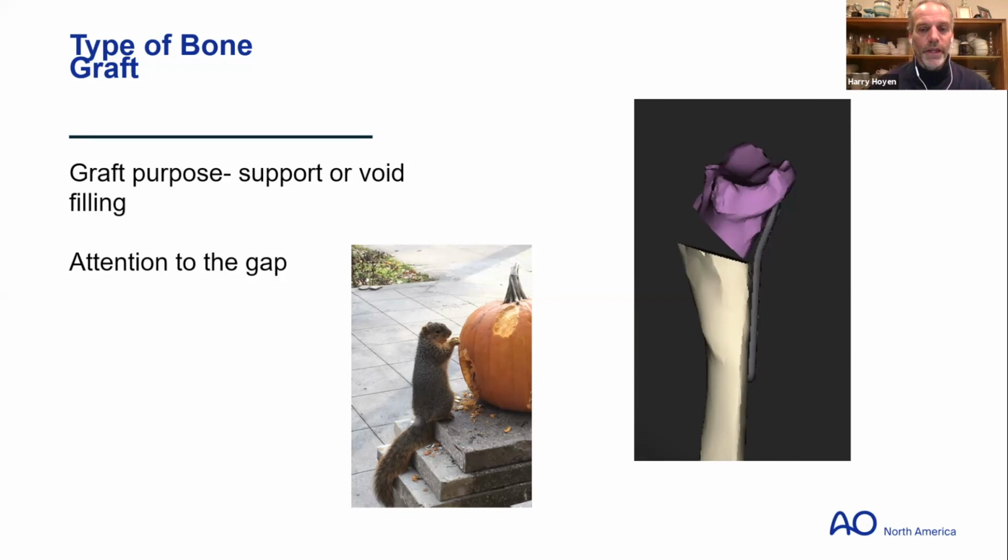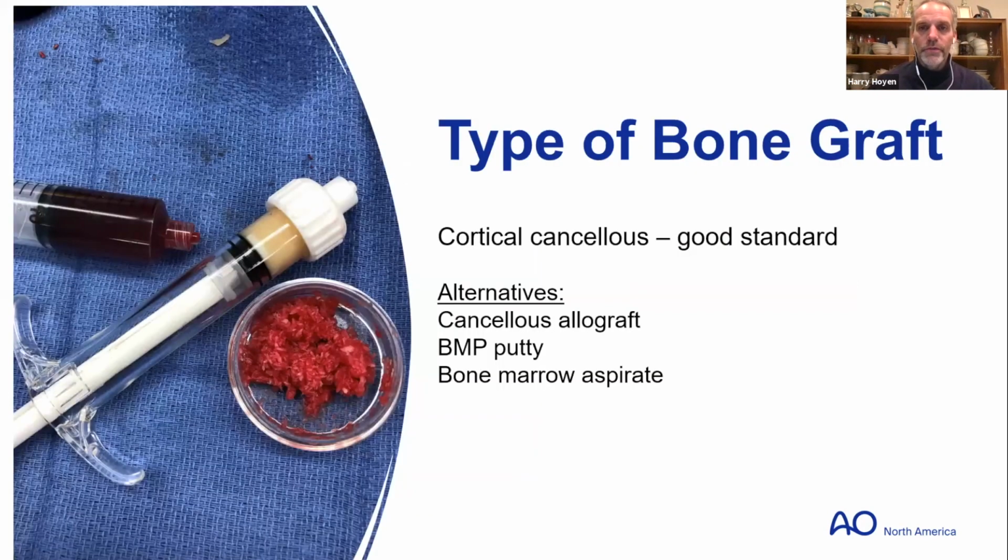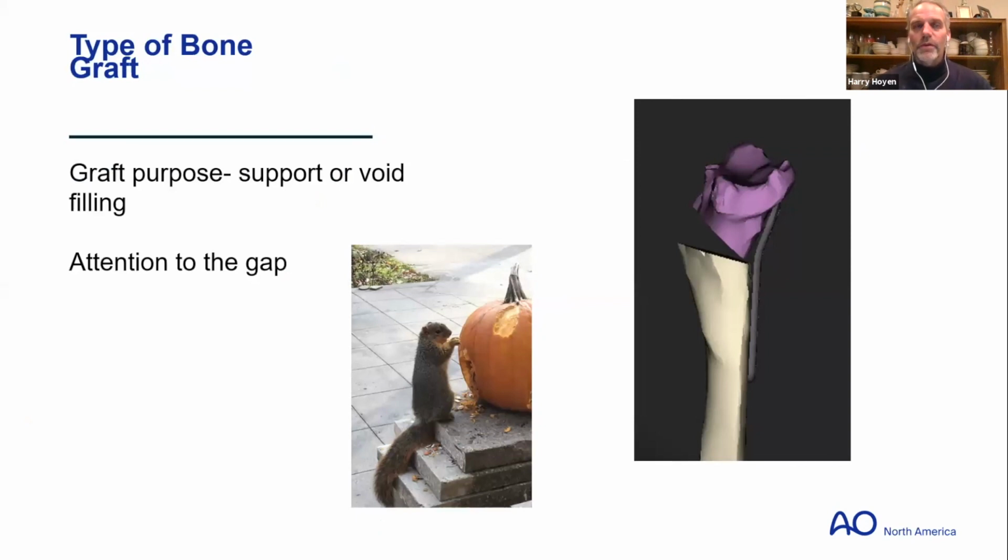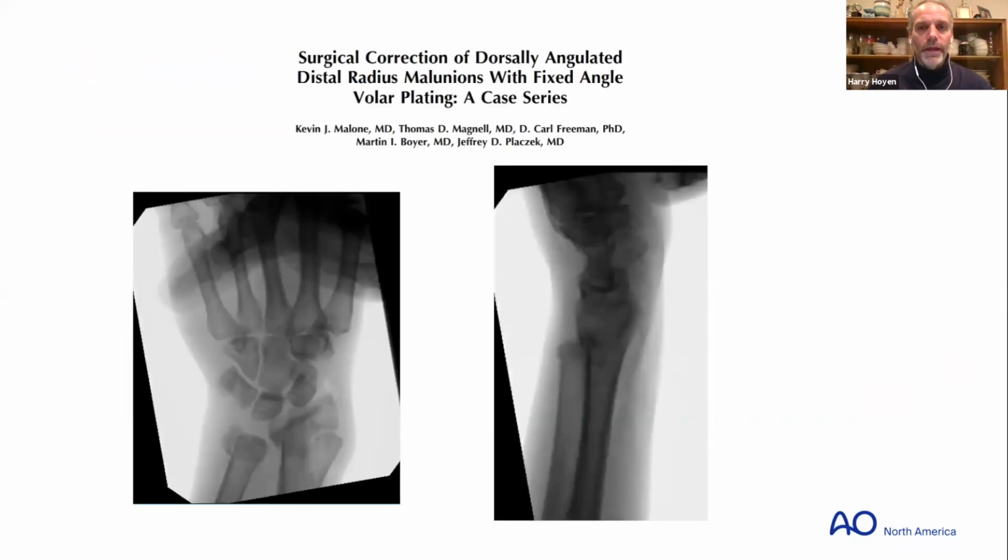In my mind, that will bring us back to the cortical cancellous graft, versus some of the other situations where one of the sides, either the volar or the dorsal side, is maintained in contact. The plate has angular stability, and we're using the biology of the graft as a void filler or a scaffold, and that can then be cancellous with or without autogenous or synthetic factors.